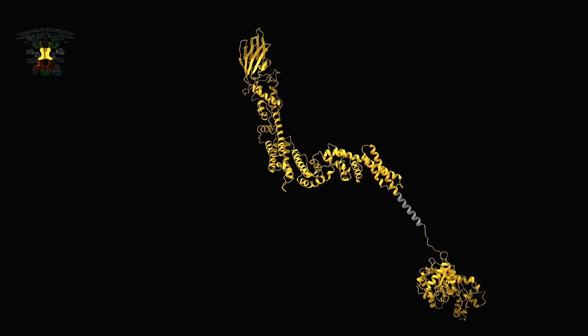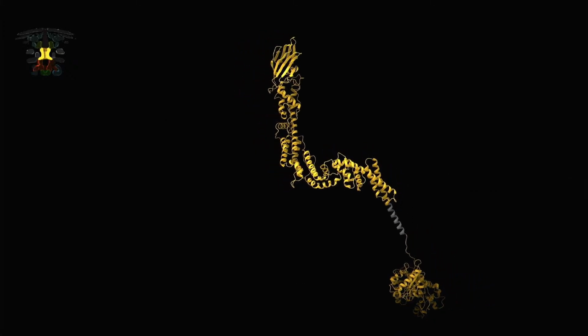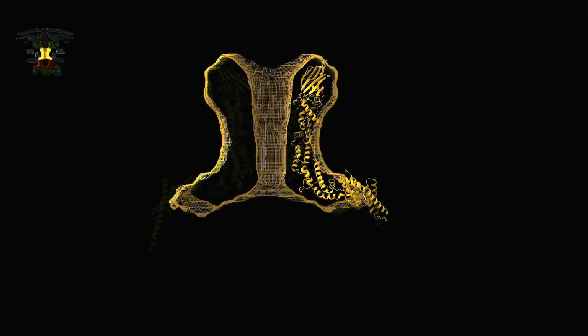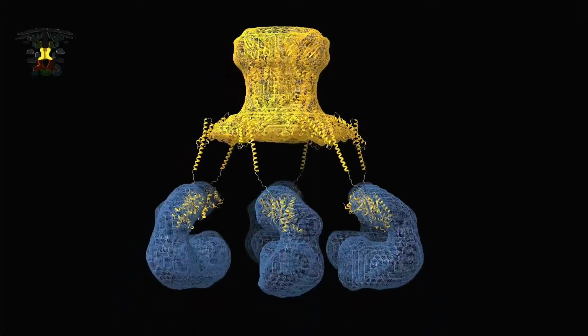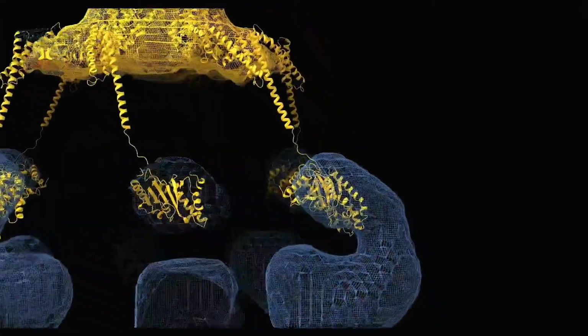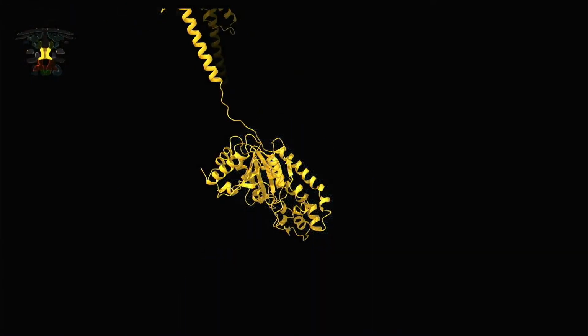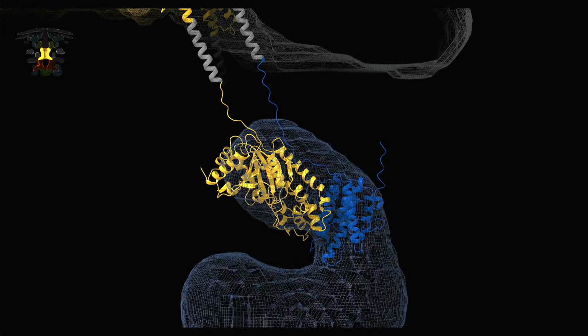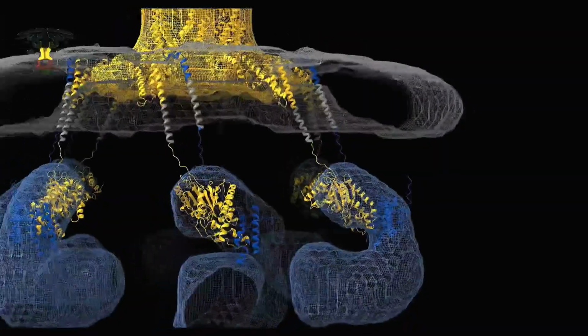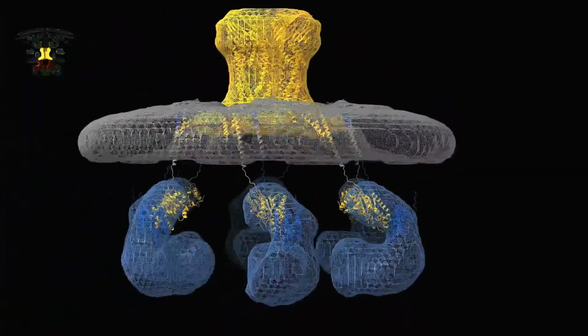Now, the AlphaFold model needed to be adjusted because we know this region is a transmembrane domain, and that puts the last domain in the cytoplasm here, and we discovered a new density that had not been seen before where that docks reasonably well. It binds in homologous structures to a homolog of a protein .u right here, and so that allowed us also to localize .u in the system.